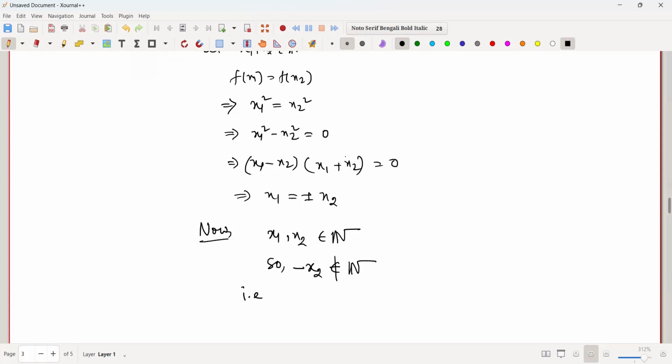That is, x1 equals x2 is the only solution of f(x1) equals f(x2).